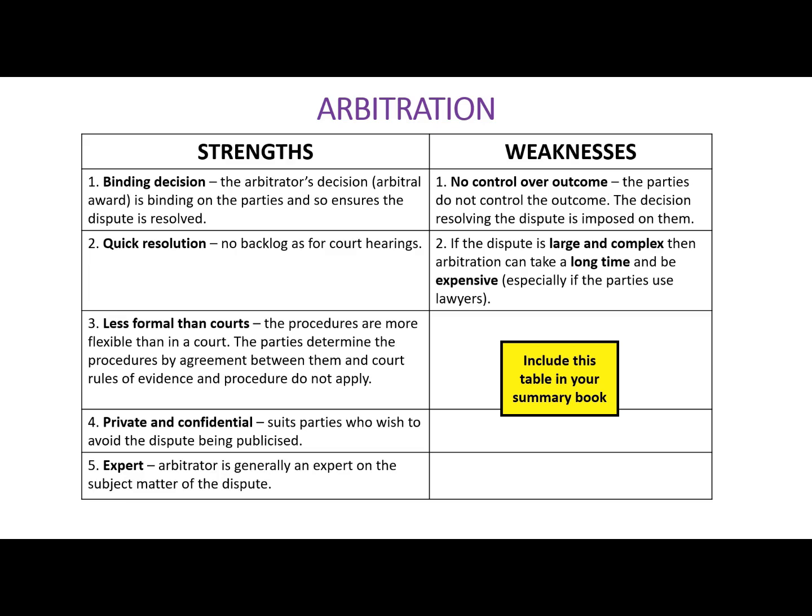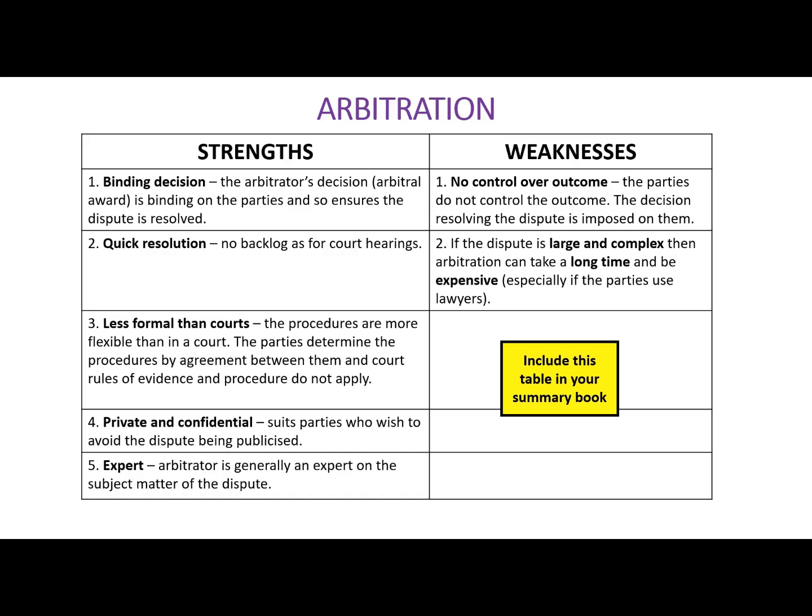The main strength of arbitration is that the arbitrator's decision, which is also known as an arbitral award, is binding on the parties. That is, the parties must comply with that decision. If one party refuses to comply with the arbitrator's decision, then the other party can apply to a court for an order that requires the party to comply.